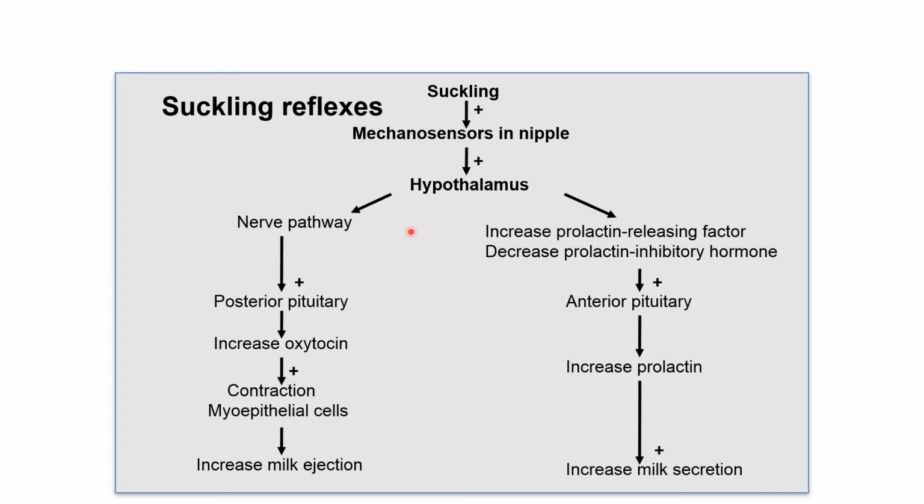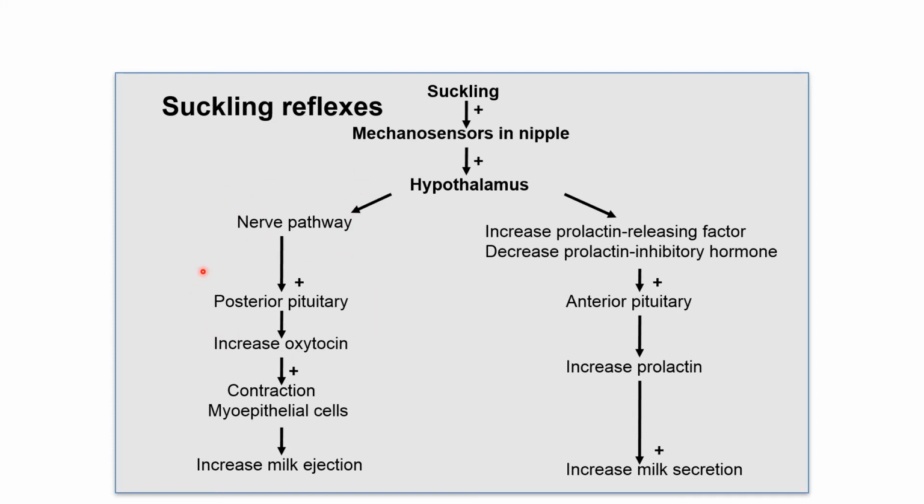Now there is another pathway which is important for lactation, which is known as the milk letdown reflex or milk ejection. This is also a neuroendocrine reflex. You have suckling in the breast. It will stimulate a nerve pathway right there.